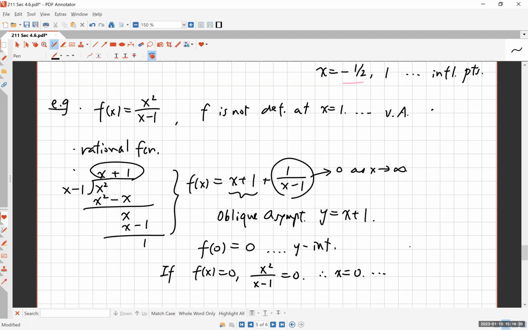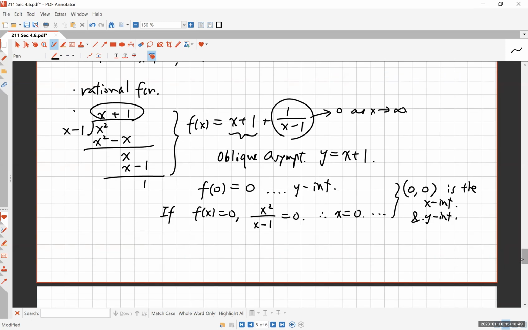So 0, 0 is the x-intercept, the only x-intercept, and of course the only y-intercept. That's the only place where the graph crosses or touches the x or y axis. All right, so you do know a lot already about this function.